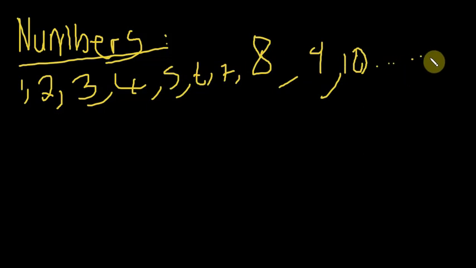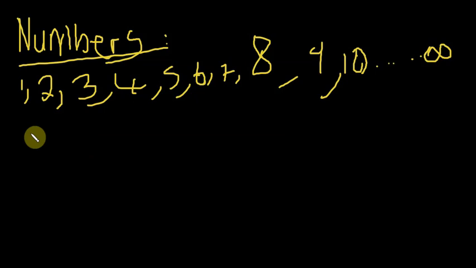The list goes on until infinity. These numbers can be grouped. Let's say those are counting numbers. Counting numbers begin from 0, 1, 2, 3. So that's another group of numbers.